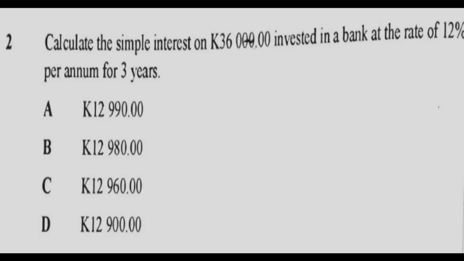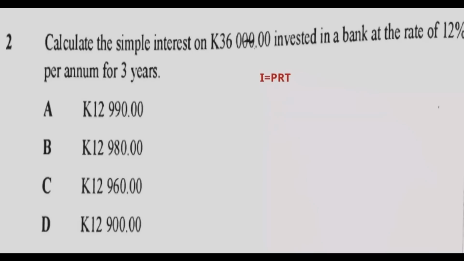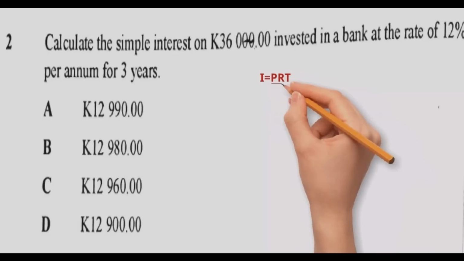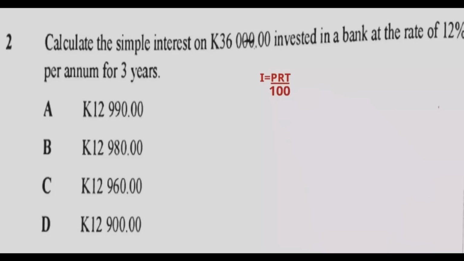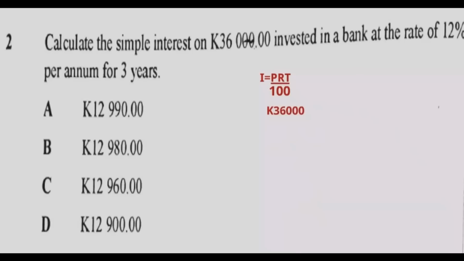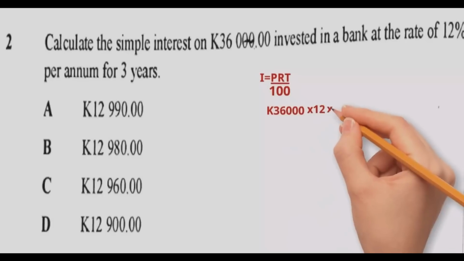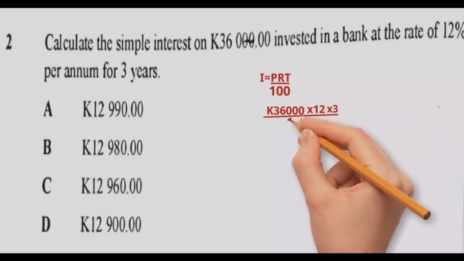We write the formula for interest, which is interest is equal to principal multiplied by rate multiplied by time over 100. We are told the principal is 36,000 kwacha, multiplied by the interest rate, which is 12%, so we write times 12. Then time is 3 years, so we write times 3 over 100.